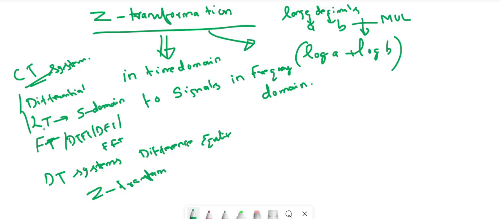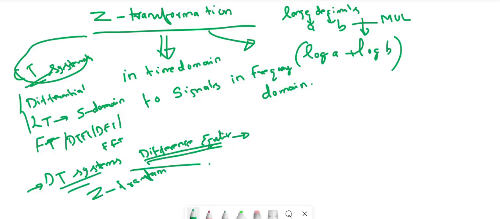The Laplace transform is used to analyze CT systems in the S domain. Similarly, difference equations are very complex for analyzing DT systems in the time domain, so to analyze the signals in the frequency domain we use the Z transform.